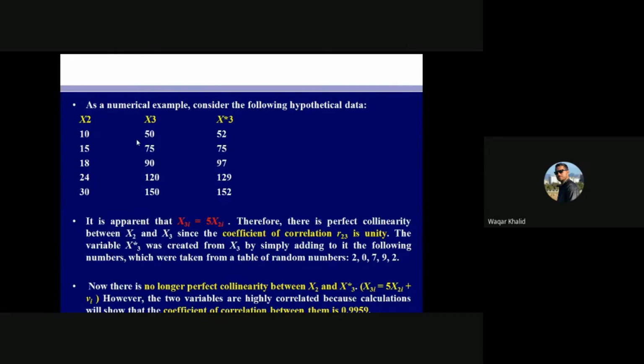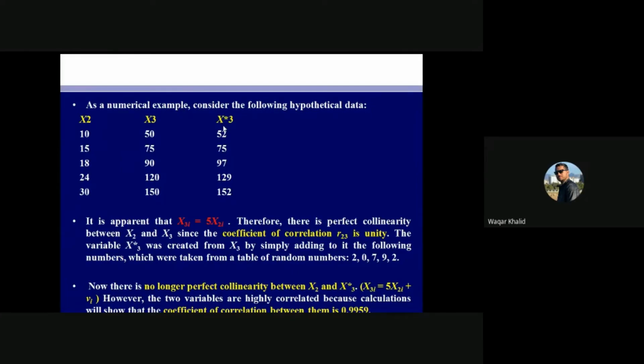So what we do is add the vi term, the stochastic disturbance term, to make this relationship nearly perfect. But my question is, if this value itself is very small, it means again we are going back to this case.